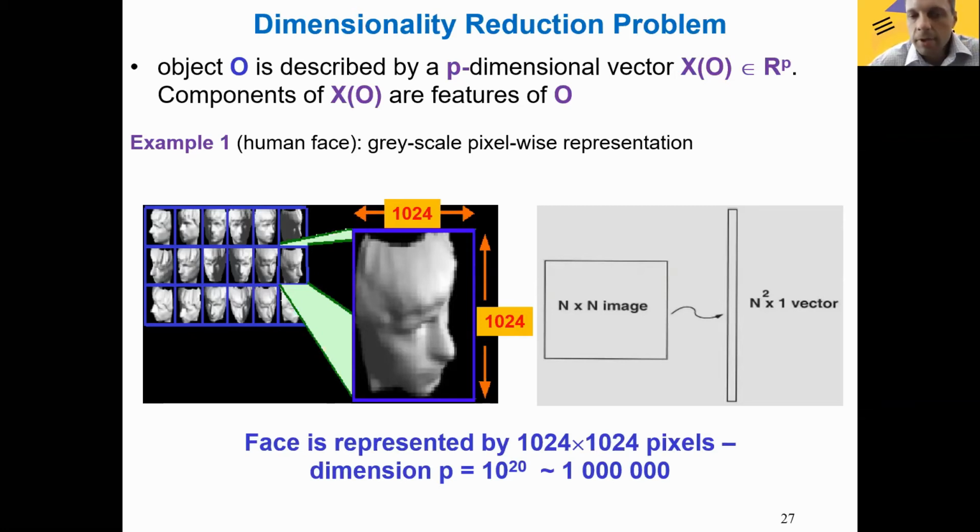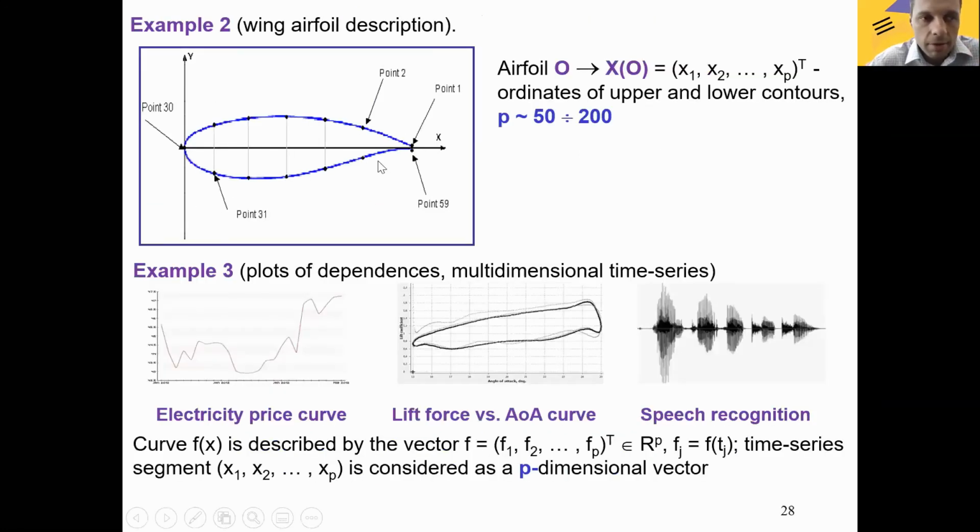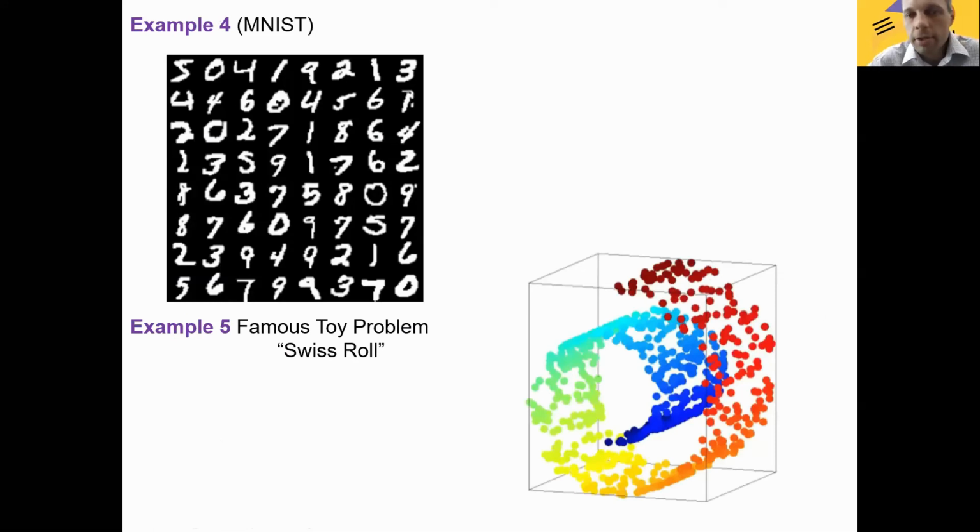In dimensionality reduction, they also work with high-dimensional objects like images, with various high-dimensional descriptions of geometrical shapes, with curves, and speech signals represented by a number of high-dimensional points. And in this presentation, I will show you examples based on this toy data set, MNIST. Everybody knows what MNIST is.